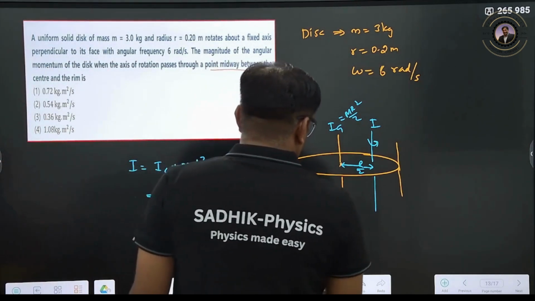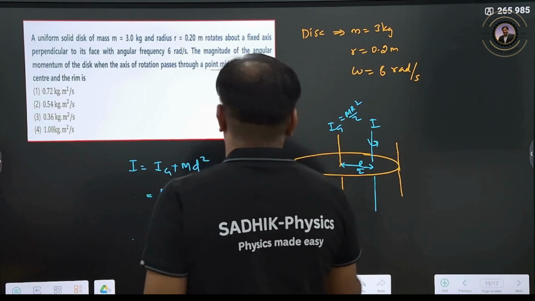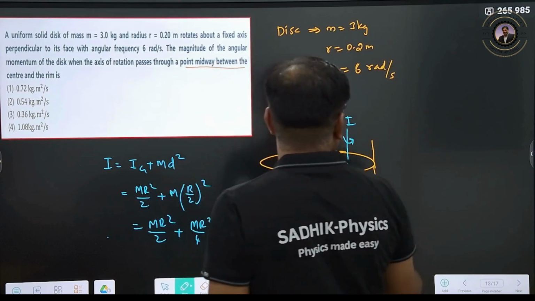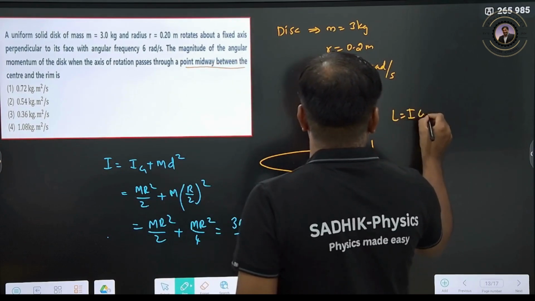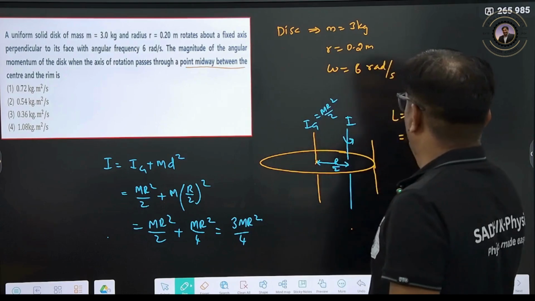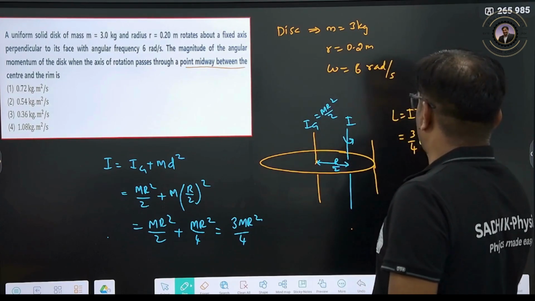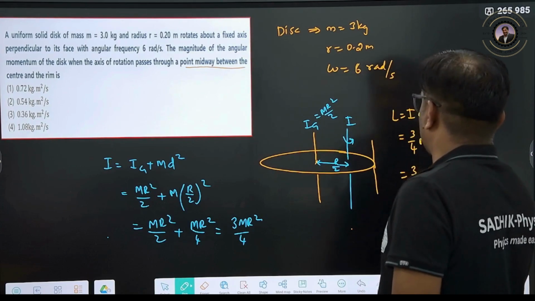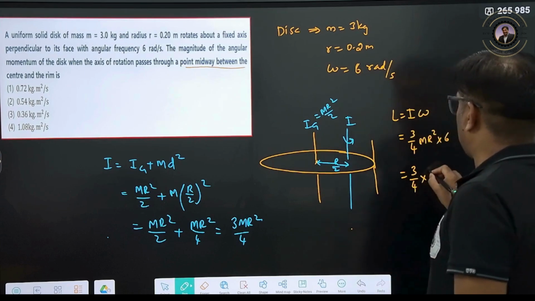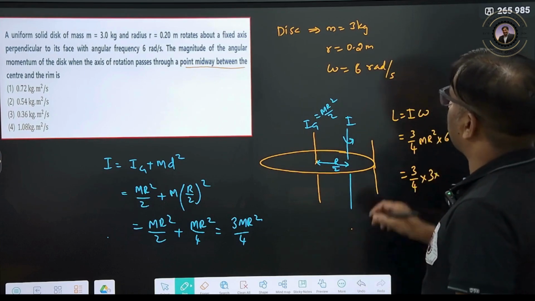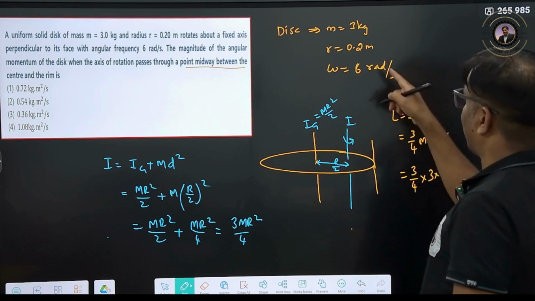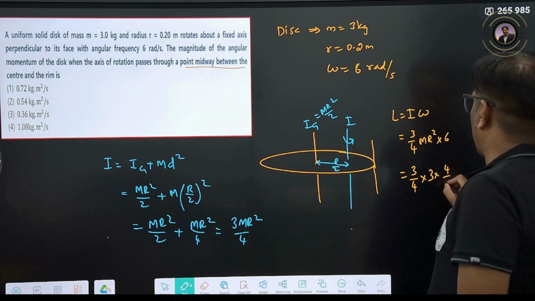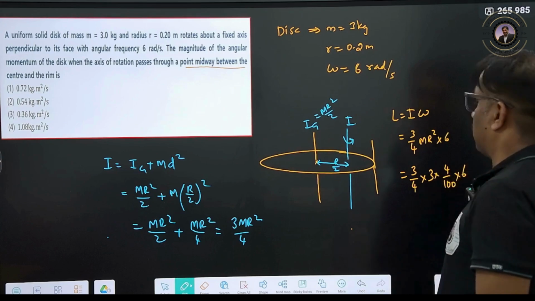But angular momentum is what is being asked. Angular momentum is nothing but I omega. Therefore, 3 by 4 mr square into omega. Omega is 6. So 3 by 4, mass is 3, into r value 0.2, that means 2 by 10 whole square, which is 4 by 100, into 6.